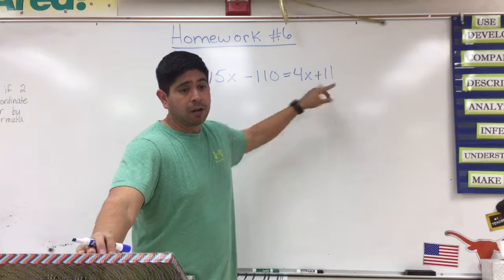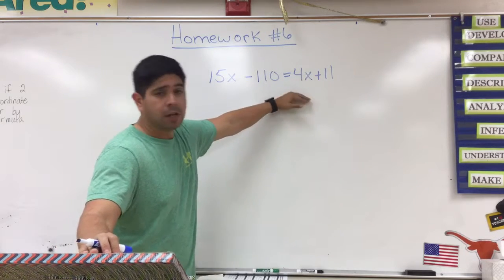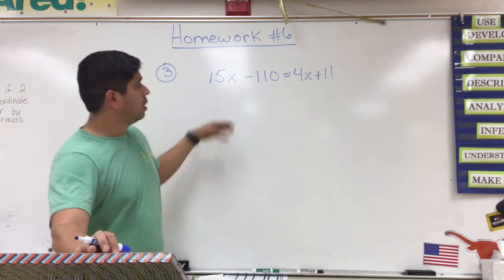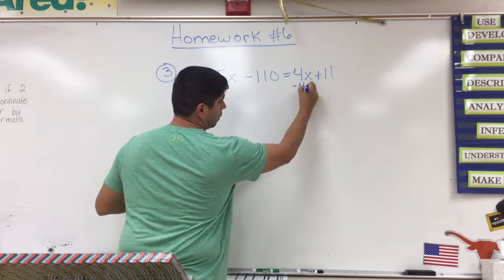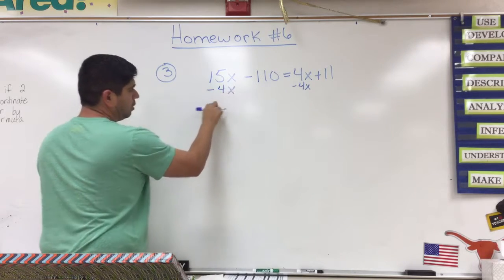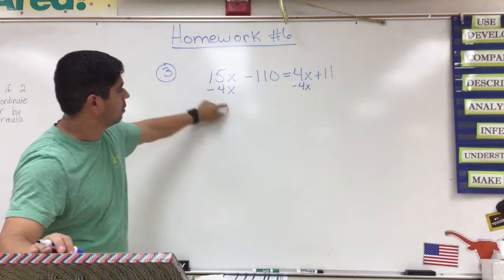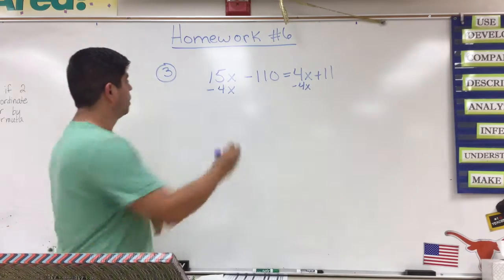Same thing over here. So what I'm going to do is get all the coefficients that have a variable, and we're going to put it on the left side. So this plus 4x here, I have to take the inverse, which is minus 4x. And I bring it over here and I put it underneath the 15x because it's a like term. I don't put it over here because there's no variable attached to this 110.